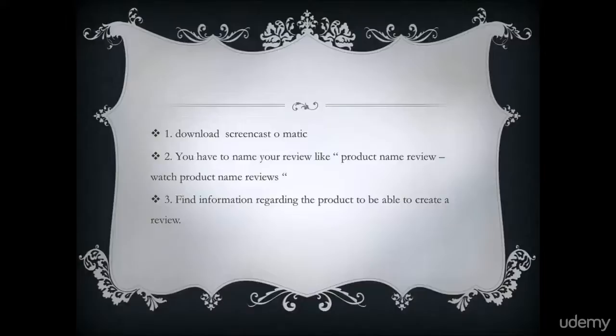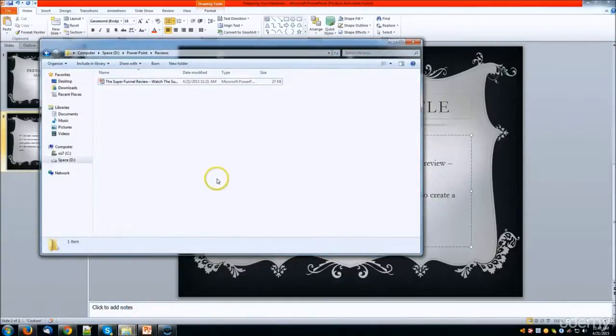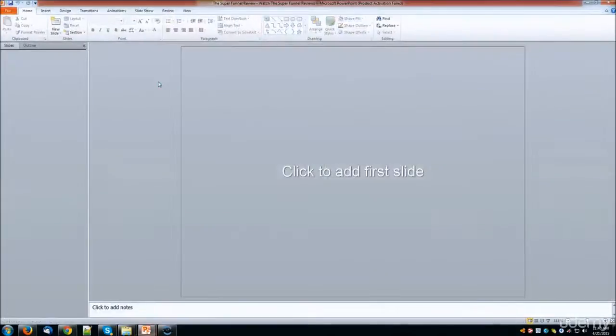So you start the recording right now and you're recording your screen while you're talking and while you're reviewing the product. It's going to be very simple. You're going to see the real example over the next lecture. But for now, we are going to learn how to create a PowerPoint file because that's also very important.